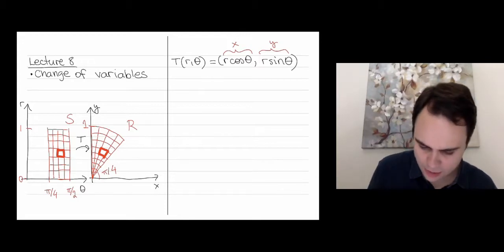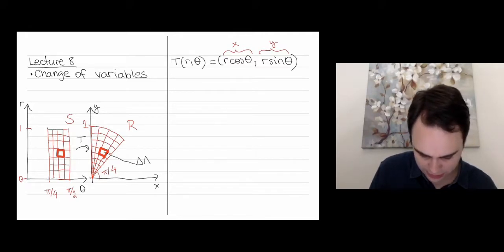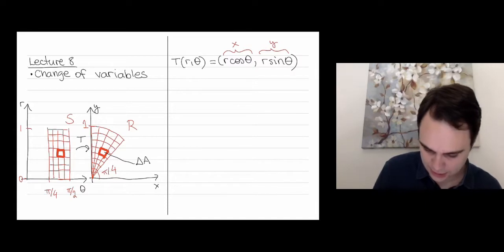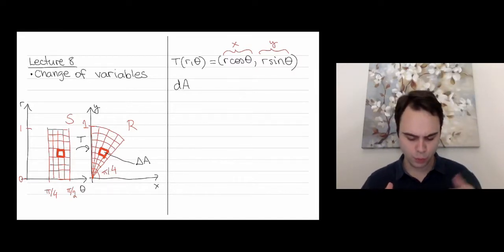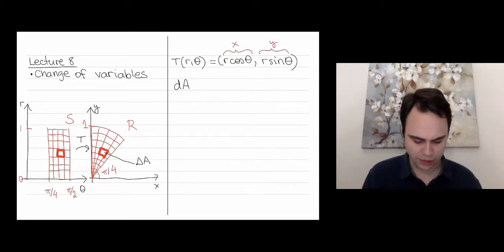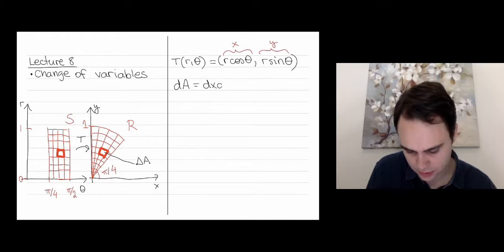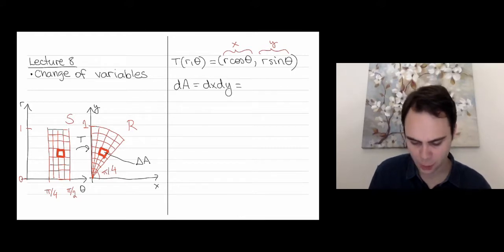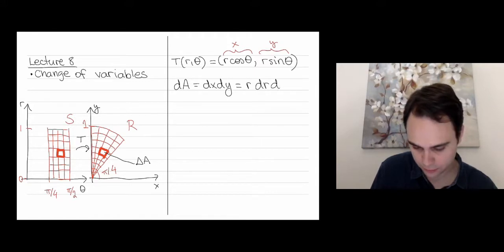And the thing we worked out is that when we move to infinitesimals, when these squares are really small, the area on the xy plane, in terms of coordinates x and y, is r times dr d theta.